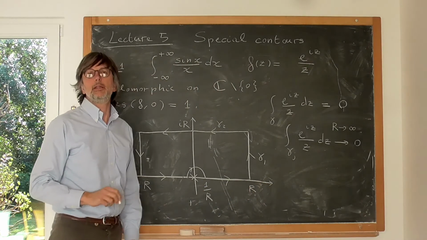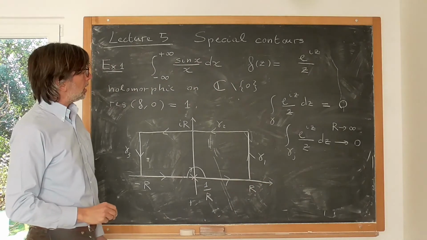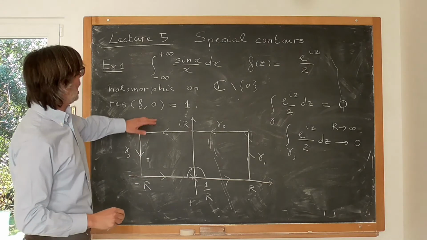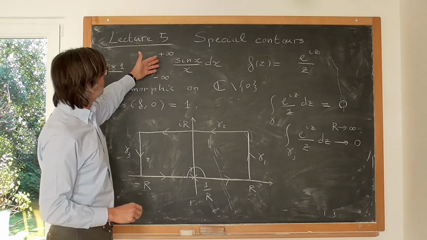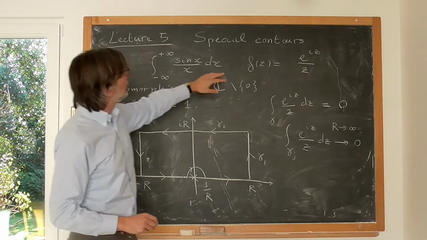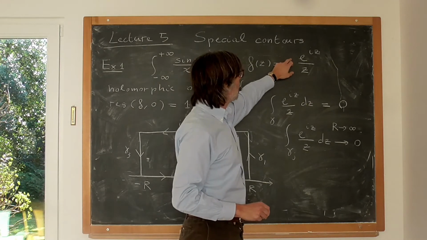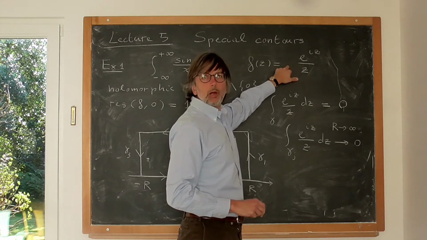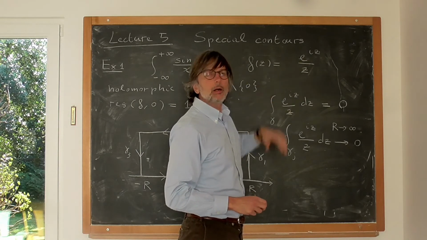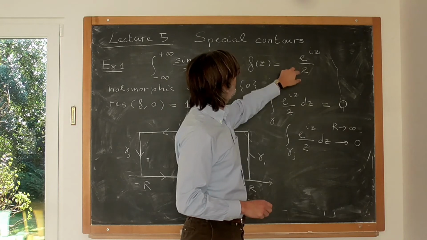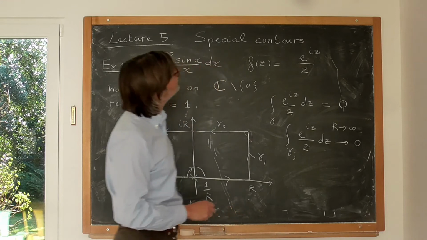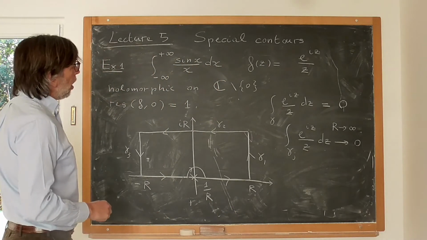And this is exactly the same argument that we used for integrals of type 3, and it's based on the fact that the rational function 1 over z goes to 0 like 1 over R when the absolute value of z is R.